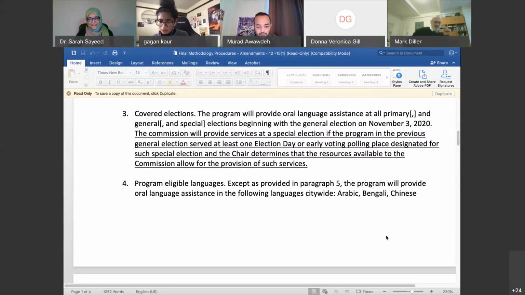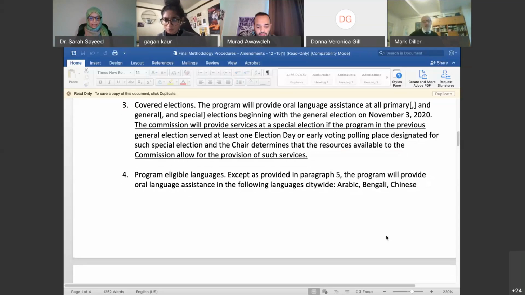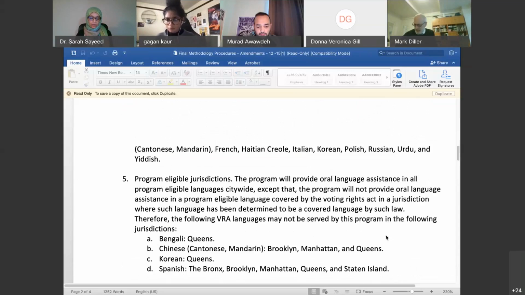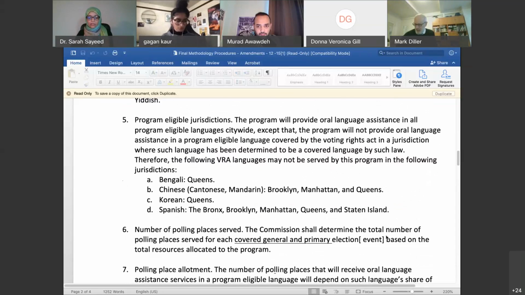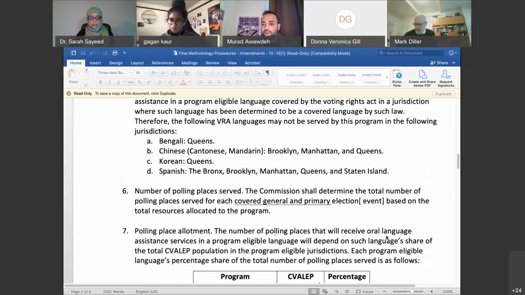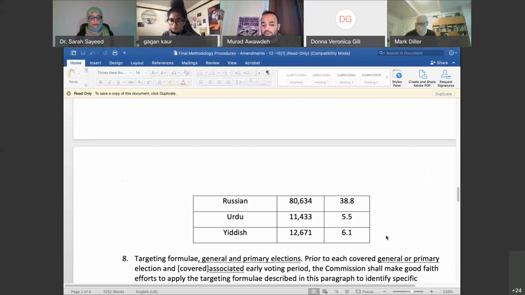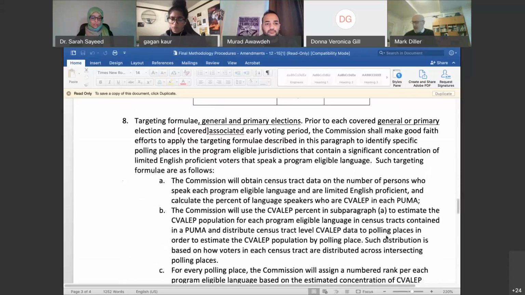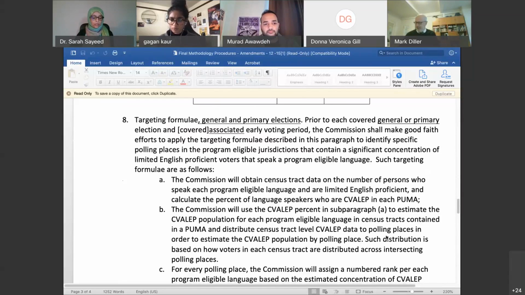Okay. All right. So number 6 again makes explicit the total number of polling places served for each general and primary. It's just adding those 2 elections in. Number 8 is spelling out that this is targeting the commission's formula that was included in the methodology resolution before.